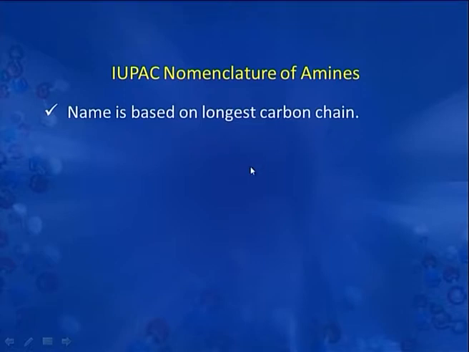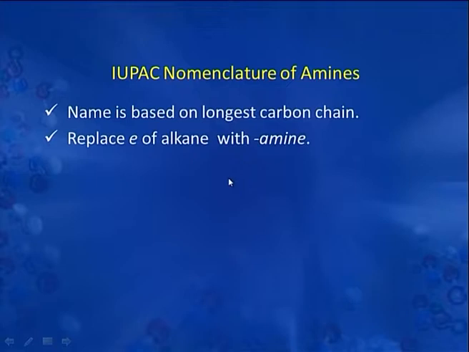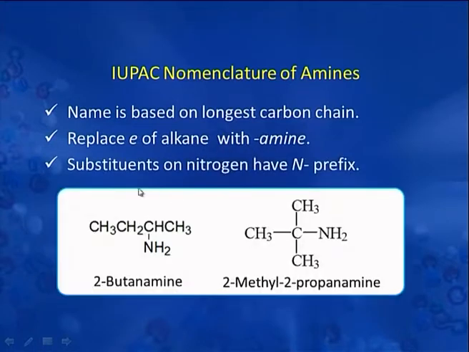That is, first of all we have to find out which is the longest possible carbon chain, and if the carbon chain has 4 carbons, for example, then we will replace the E of that alkane with that of amine. That is, a 4 carbon alkane is butane, replace E and add amine. So, the name of the molecule will become butanamine.